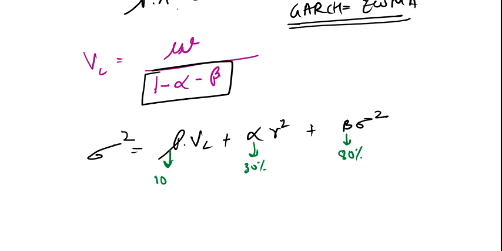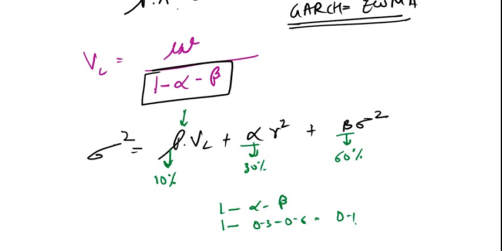Okay, I need to change it, this needs to be 60%. Clear? So the weight of gamma is 10%. So if I know alpha and beta, how will I be able to find the gamma? This is actually 1 minus alpha minus beta. So 1 minus 0.3 minus 0.6 will give me 0.1. So gamma is nothing but the weight.